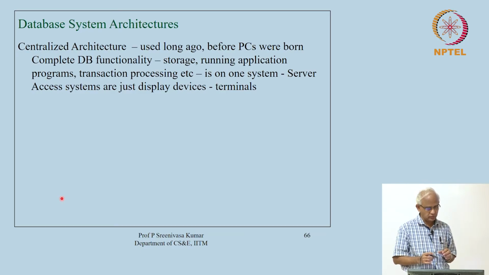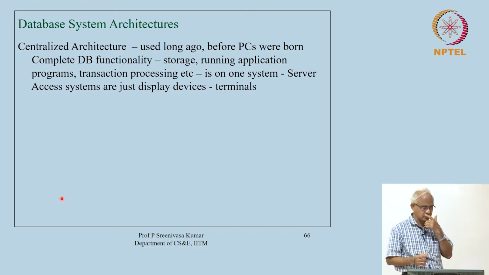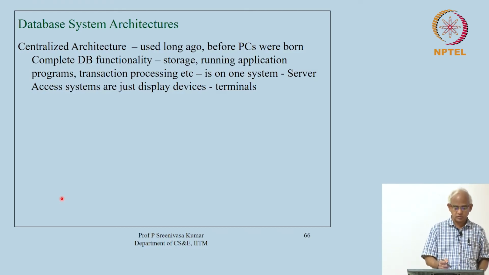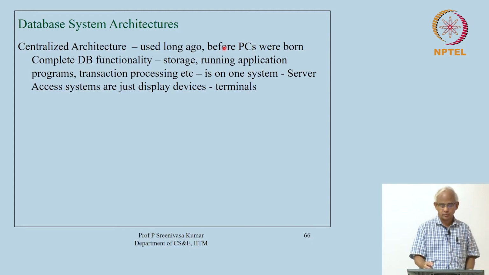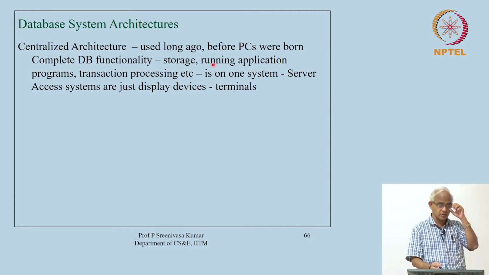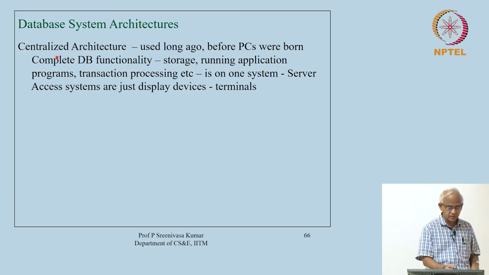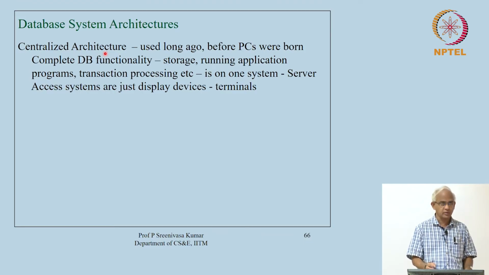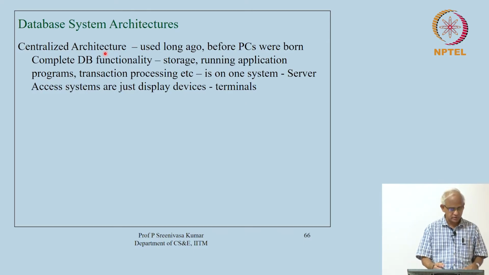How is the whole thing architected, the database and the other machines that interact with this database. One of the first things that were tried out was long ago, before even the PCs were born, there used to be mainframe systems, and then the centralized architecture was practiced, in the sense that all the complete DB functionality, the storage, running of the applications, transaction processing, concurrency control, all of that is on one system with the central server.